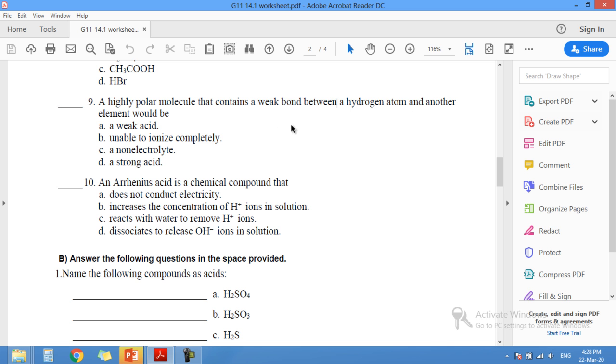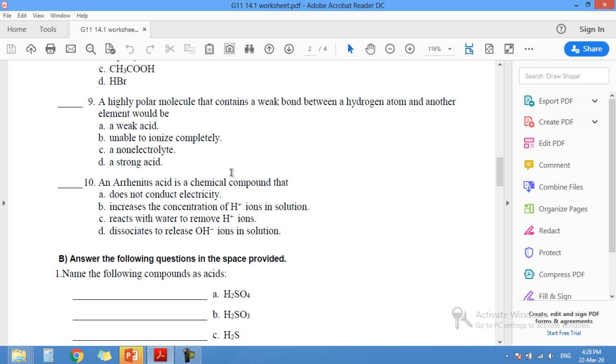So when we are talking about a weak bond, it will dissociate well. Yeah, exactly, it's a strong acid, D.